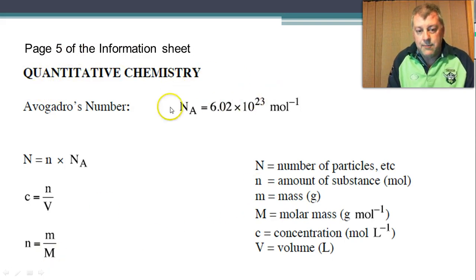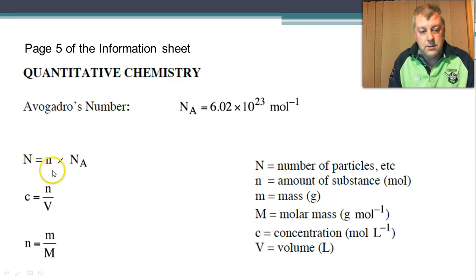You're also given Avogadro's number, which is given the symbol Na. In this video we're going to make use of this formula predominantly, where N is the number of particles, equals little n, which is the amount of a substance. In chemistry the amount of a substance is in moles.